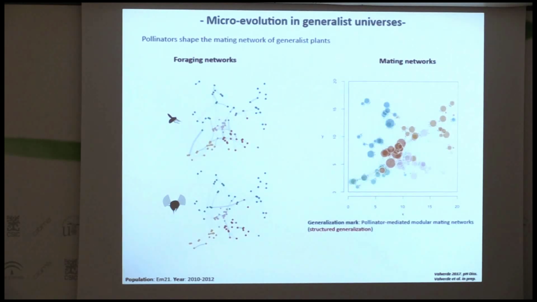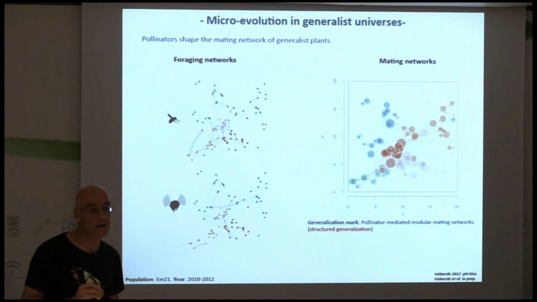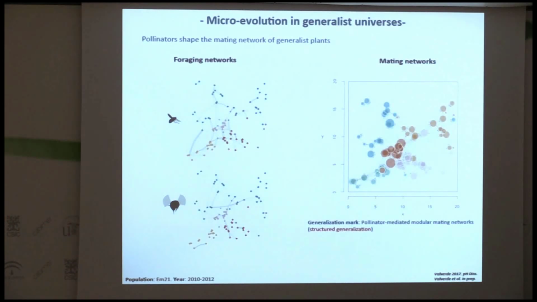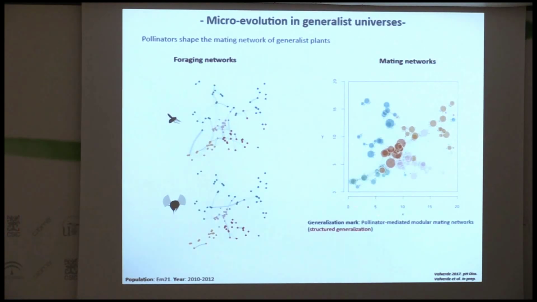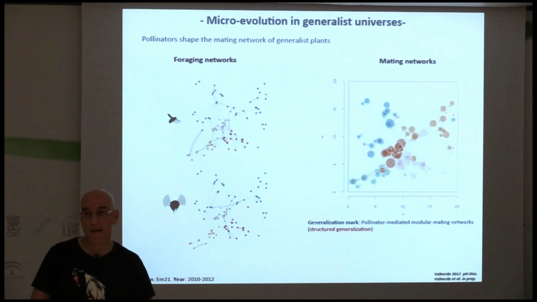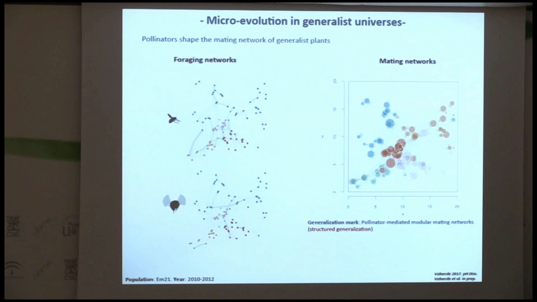We found here that some plants are producing seeds from different paternal individuals within the population. In fact, there are about 5 modules of plants intercrossing between them. Then another generalization mark is that pollinators can also mediate a structured or modular mating network.